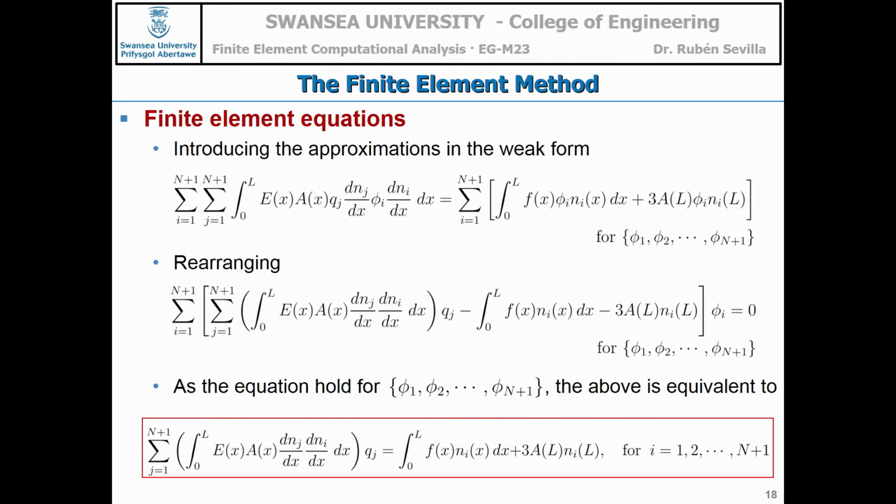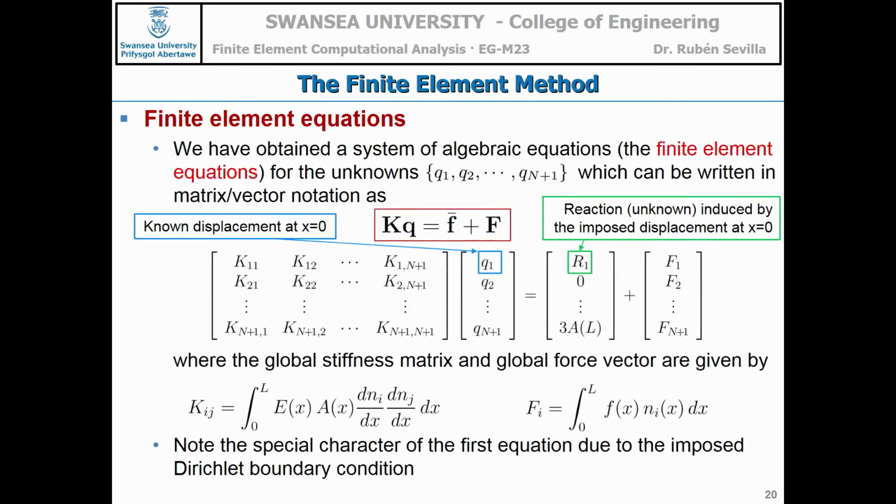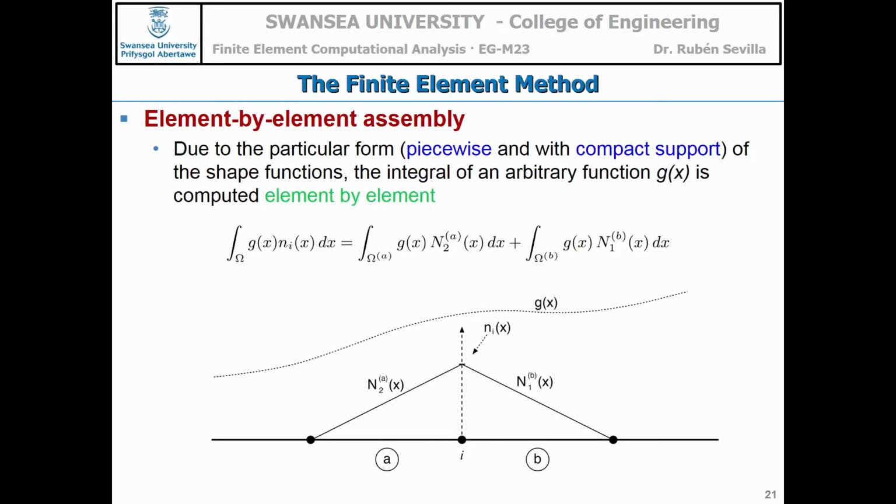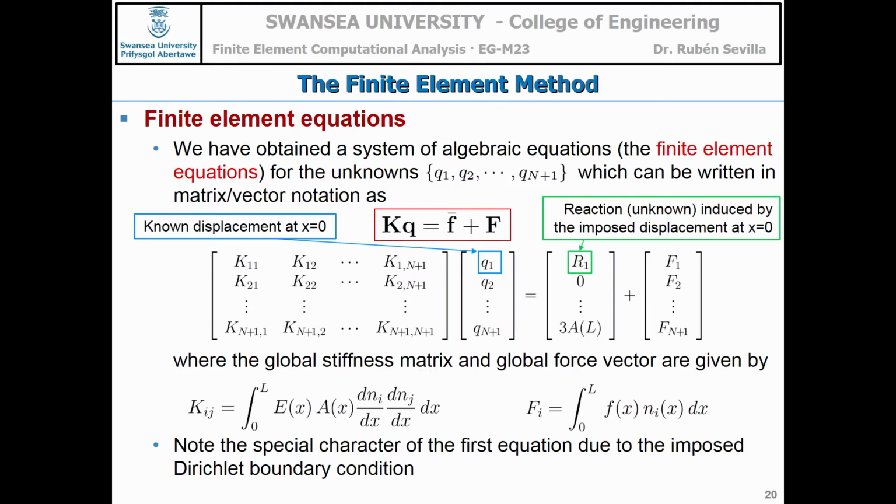And then one says, so we are in trouble or what? Because we have something on the right-hand side which is not known, really. Right? We don't know the displacement at the first point. We know the displacement at the first point is imposed, but we don't know the reaction. So how do we play with that? Right? And I'll show you this with an example, okay? How to do that.